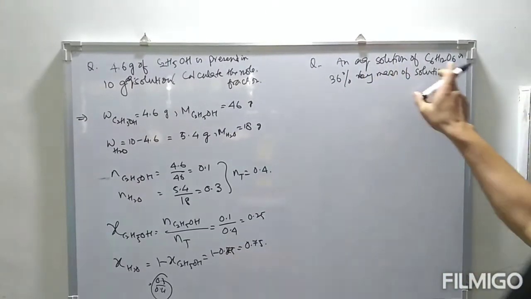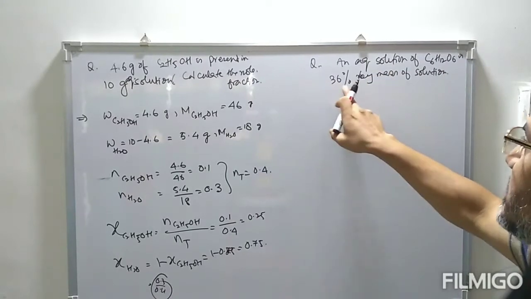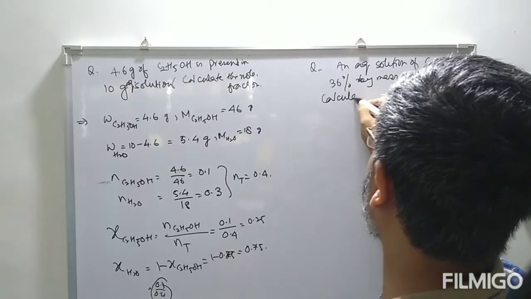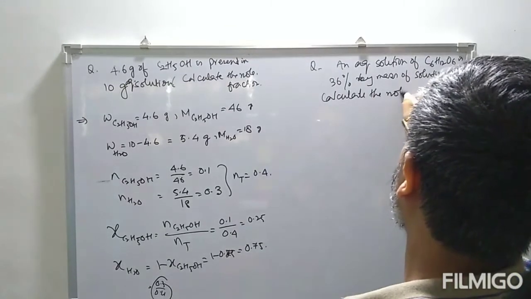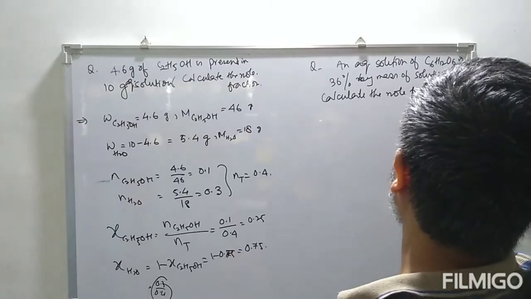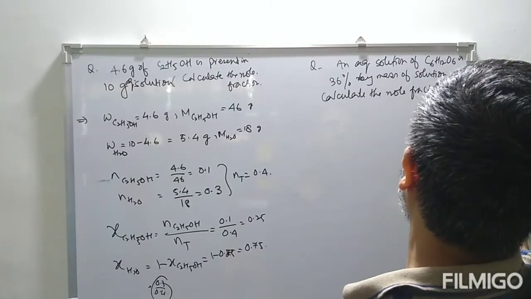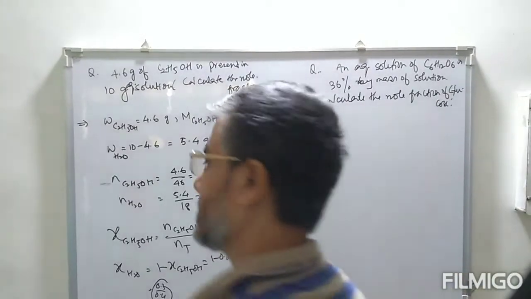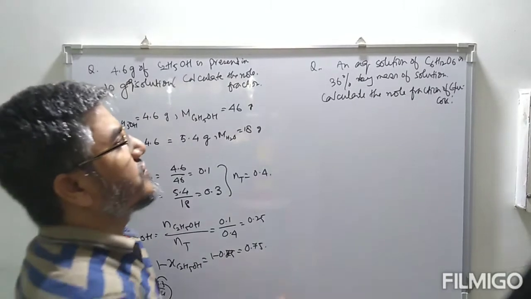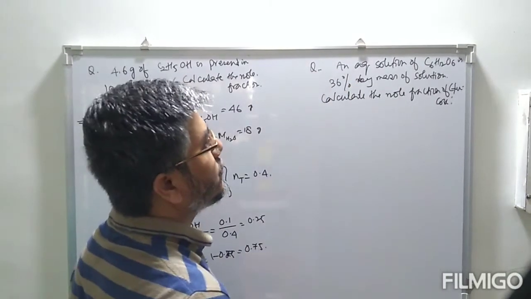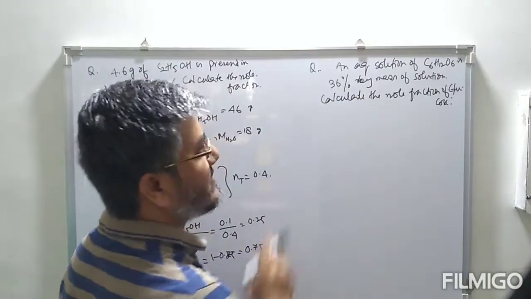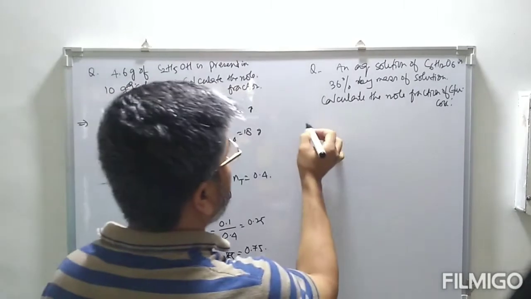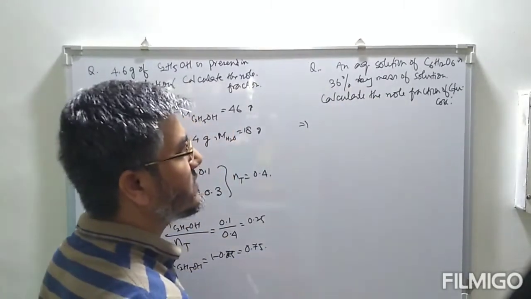So we have aqueous solution of glucose which is 36% by mass of solution. Calculate the mole fraction of glucose. So question says mass percentage of glucose in solution is 36. Then we have to find the mole fraction. Question says mass percentage is 36.